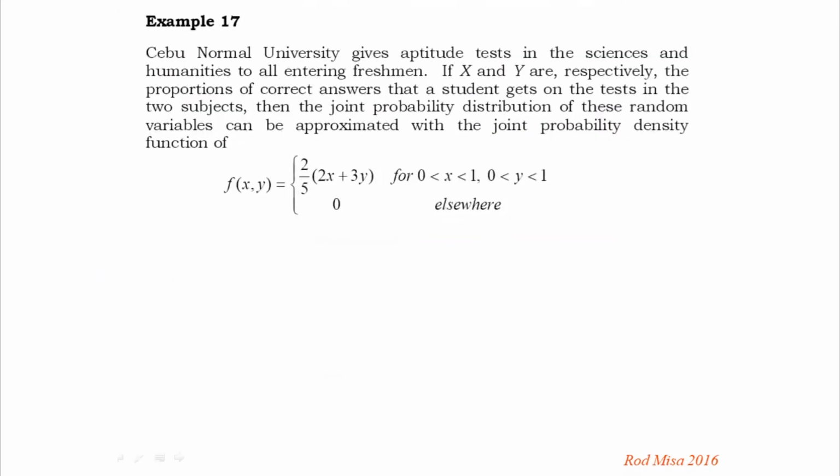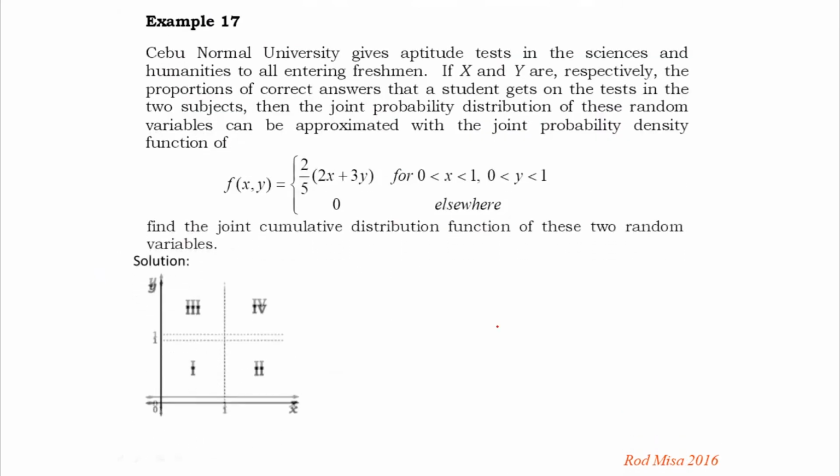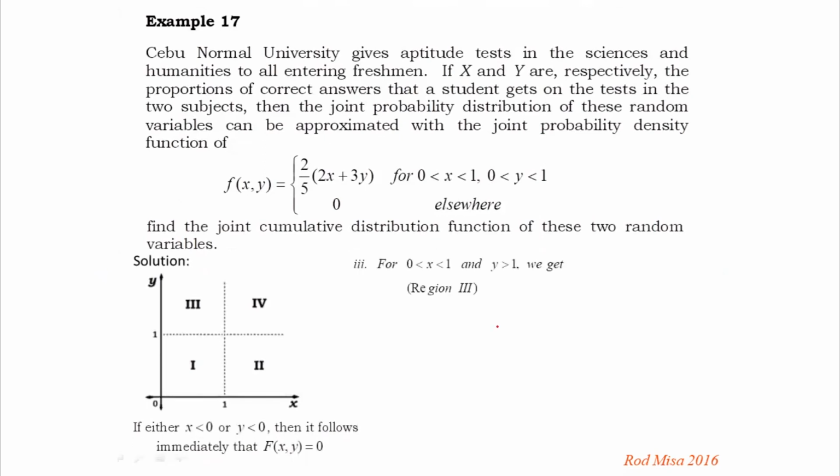Now, solving also for the cumulative distribution function for region 3, we need to specify our random variables that in region 3, our x is from 0 to 1. We need to satisfy that our x is from 0 to 1 and our y is greater than 1.